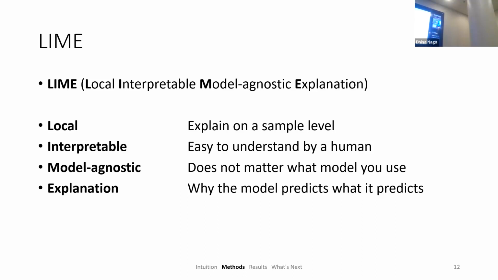One of those is called LIME, which stands for local interpretable model agnostic explanations. So local means that we can explain on a sample level, which is very important in the clinic, where you would want to see which microbes are important in sample A, which microbes are important in sample B, and whether this changes. Not only that, which is important across this entire data set, because it can be very sample driven.